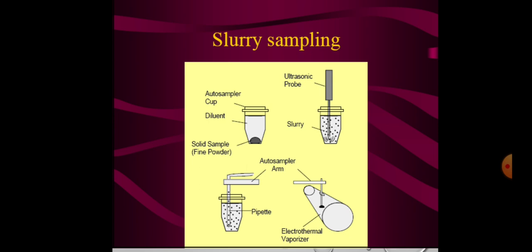Then by using a probe, or for example a micropipette, we can pipette the sample and then inject it into the atomizer. In this case, the atomizer is an electrothermal atomizer, or electrothermal tube. This is a graphite furnace. We will talk about it later.